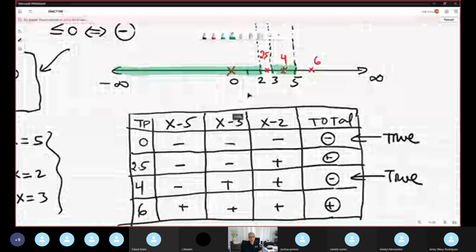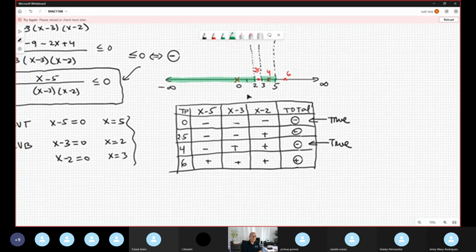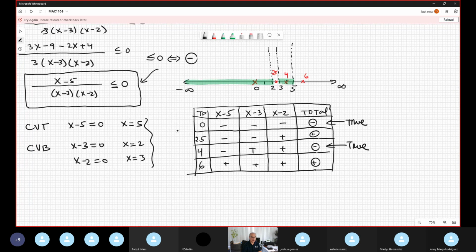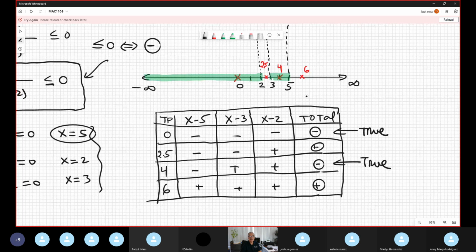What about the endpoints, included or not? Well, it's included because it's less than. When you see less than or equal, it's included, but only the critical value of the top. The bottom never. The included one is the 5, and the rest no. Then 5 with a bracket, and the rest parentheses.